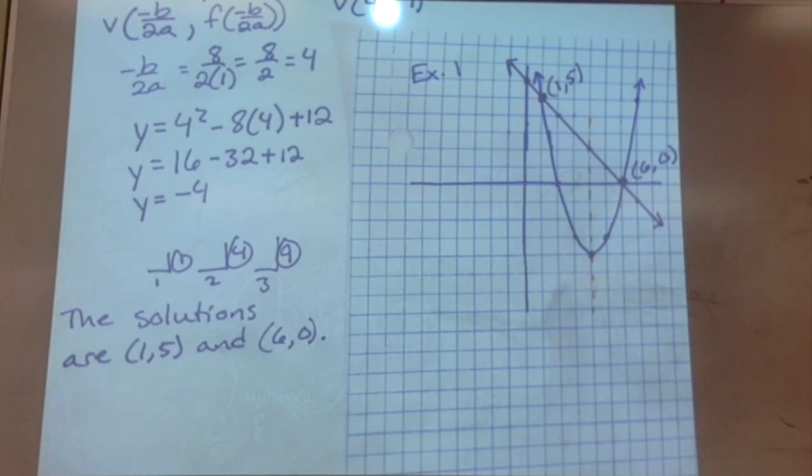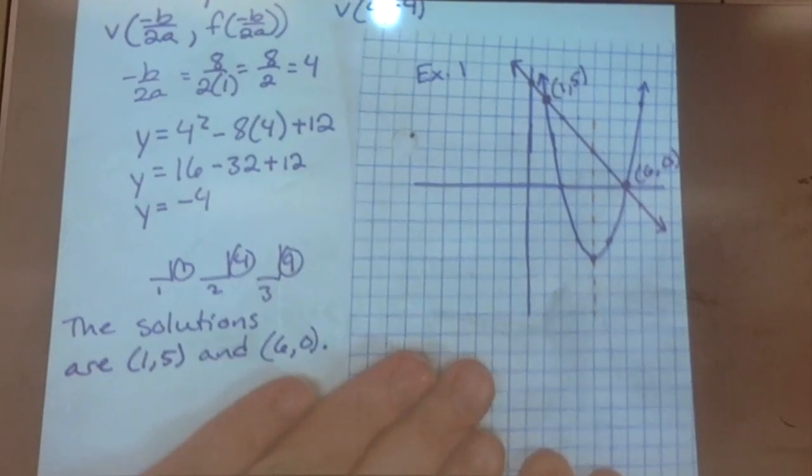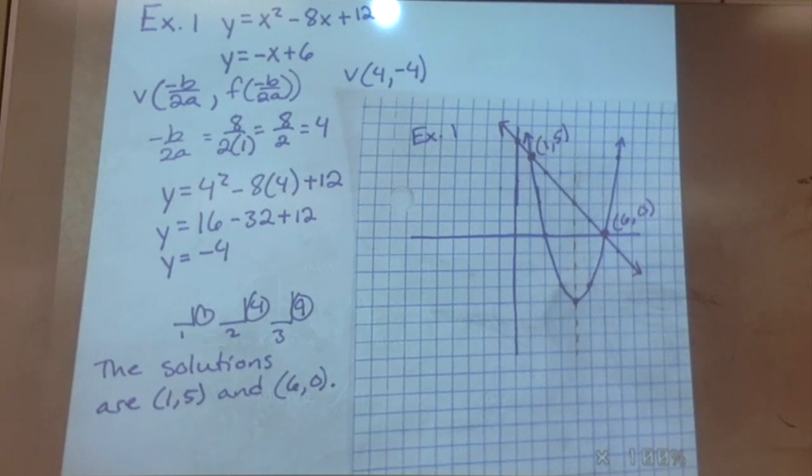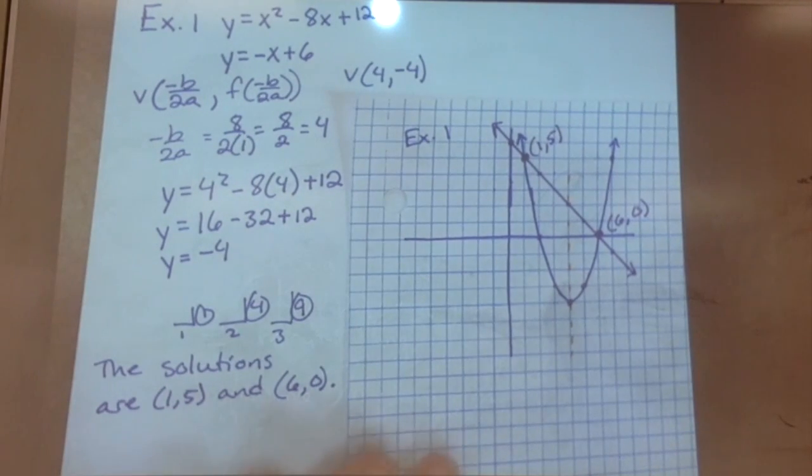All right, so take a second, get caught up on that. See if I can zoom out a little bit. Maybe you can see the whole thing at once. There you go. All right, so that is how you solve systems of nonlinear equations by graphing. You graph both equations and you find the points of intersection.